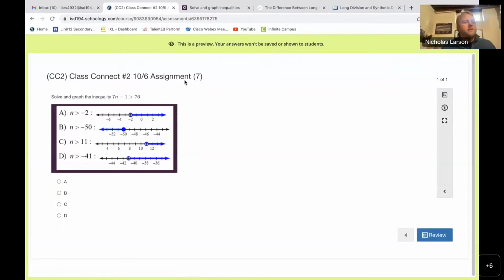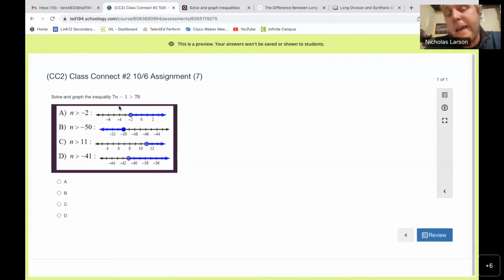So my first thing that I need to do is add 1 on both sides, and I'm going to get 7n is greater than 77. And then I'm going to say, okay, to get n by itself, I need to divide by 7. So 77 divided by 7 equals 11.